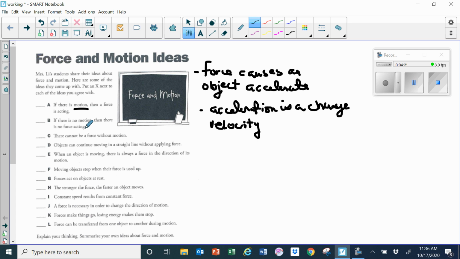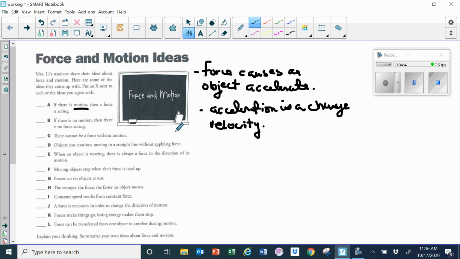Okay, number D: objects can continue moving in a straight line without applying a force. Well, think about the two statements I made a minute ago. Force causes an object to accelerate, and acceleration is a change in velocity.